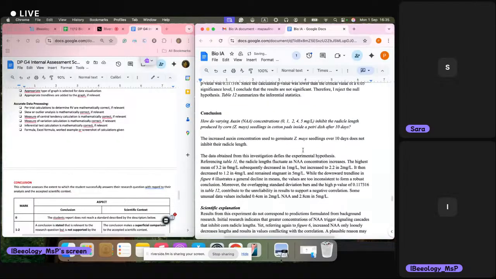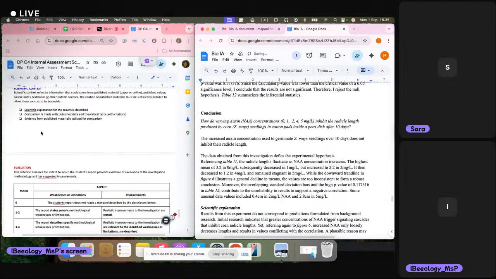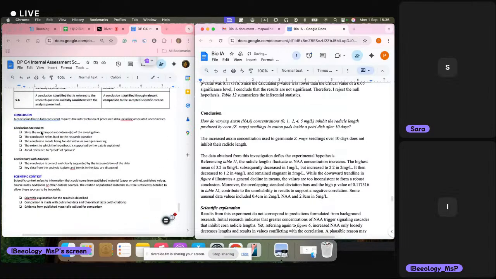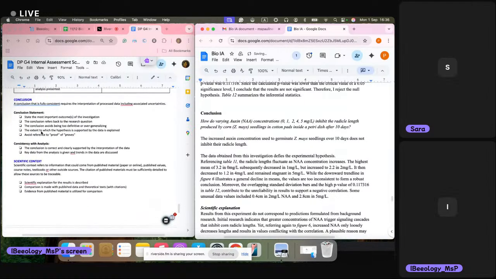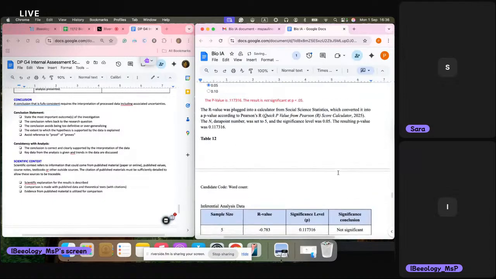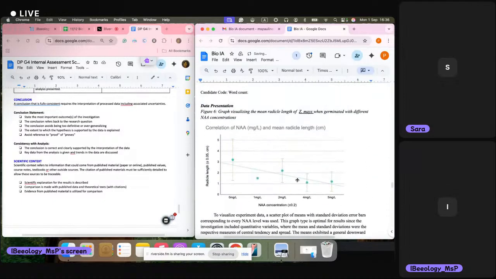Let's go over your conclusion. To look into your conclusion, we look into the most important outcome of the investigation. What is your outcome? Whether or not it supported my hypothesis. Okay, thank you. The data obtained from this investigation. I wonder why. Okay, but when you doubled it, it inhibited.